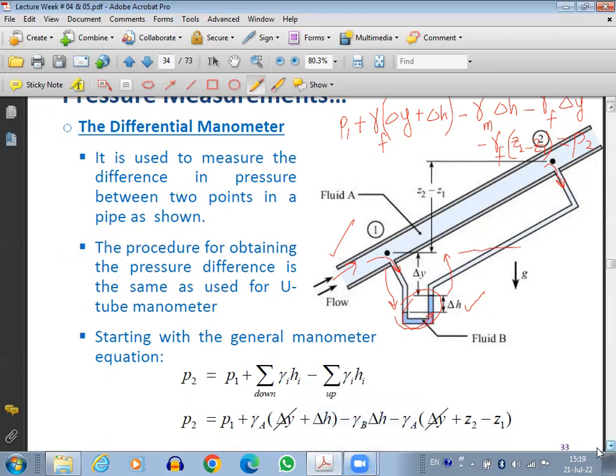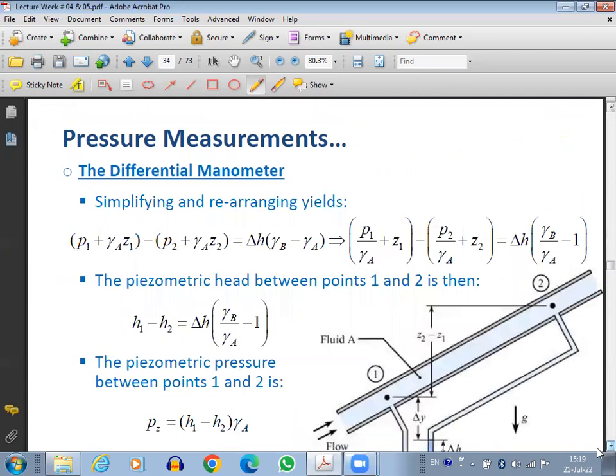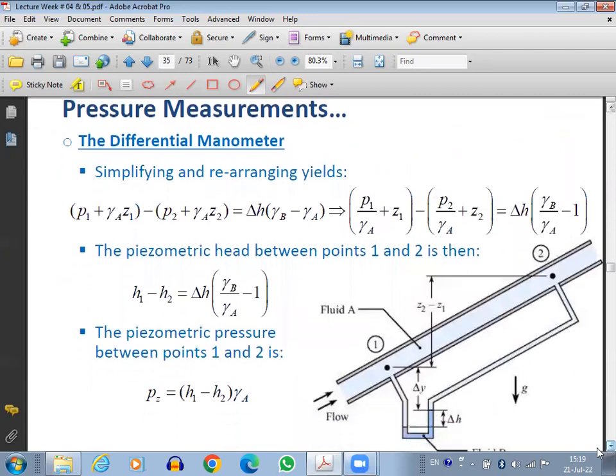So this is the same equation which I have developed above. Now this is just rearranging the same equation in this format.